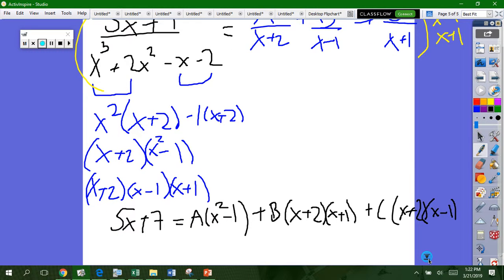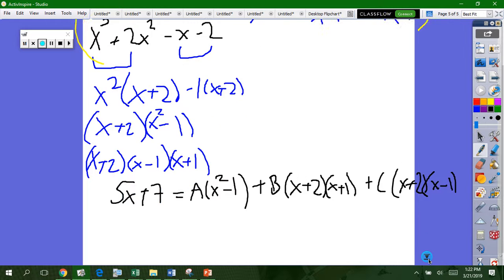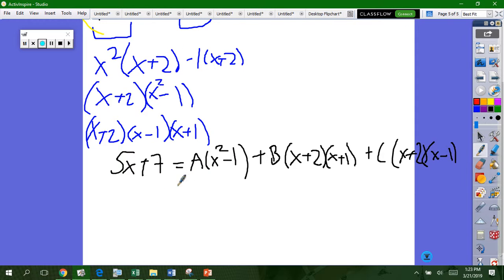Okay, so now what I want to do is, just like Tommy just brought up, go ahead and get these through. So this is x squared plus 3x plus 2. This right here is x squared plus x minus 2.